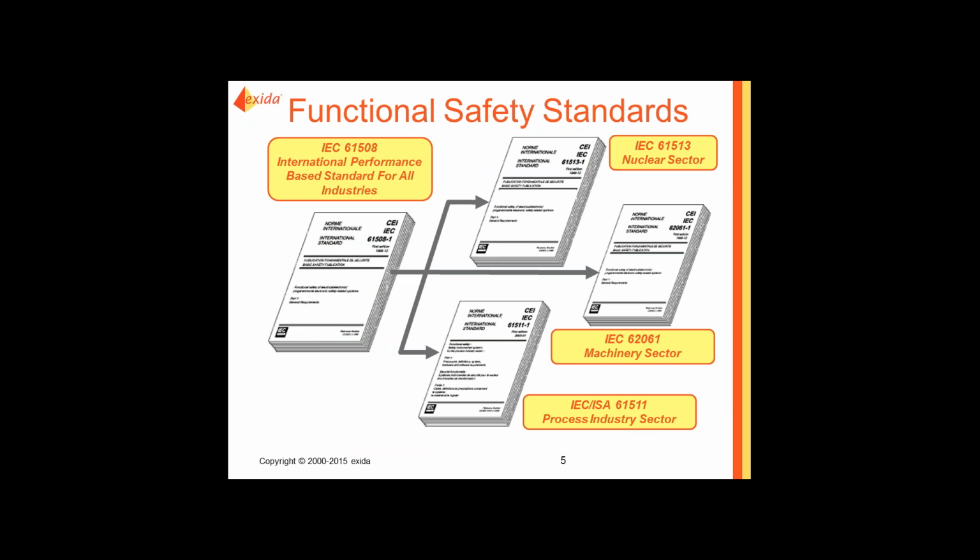In machinery, it's IEC 62061. Of course, in the process industry, it's IEC 61511. And there's another one now for automotive, which is ISO 26262. All of these are known as sector standards, which use IEC 61508 as the base for the safety requirements.